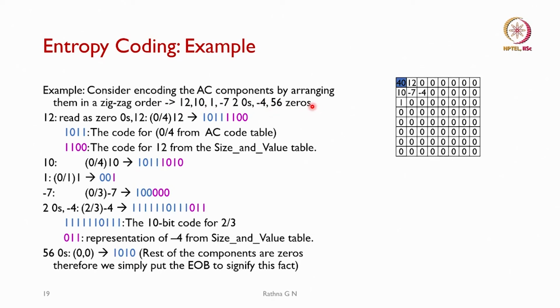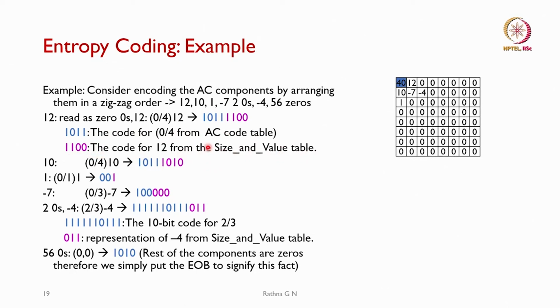So, 12 is represented as 0/4, and 12 is 1100. You will be reading it as these 4 bits. That is, for 12 you send 1011, which is the code for 0/4 from the AC code table, and 1100, the code for 12 from the size and value table.